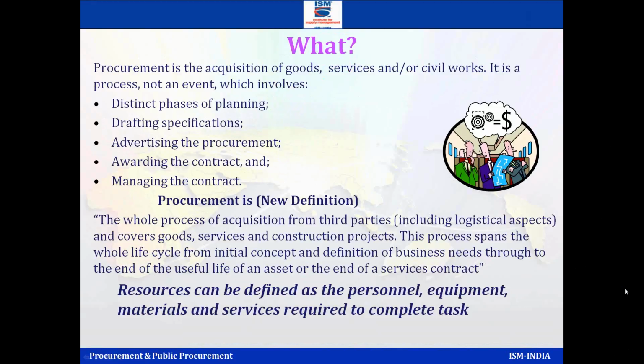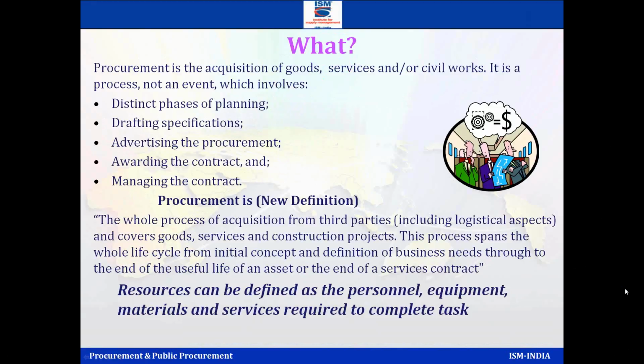But keep in mind, procurement is a process. It's not an event. It doesn't happen just like that. You have to go through steps of activities. You have to plan procurement. You have to draft the specifications. You have to advertise the procurement.